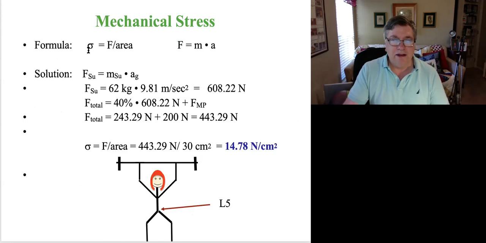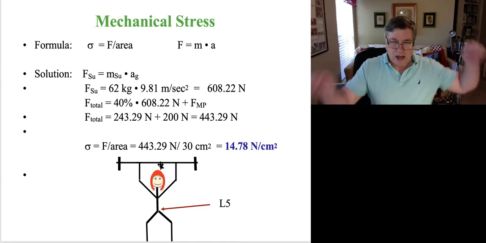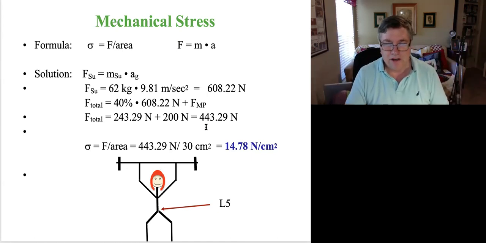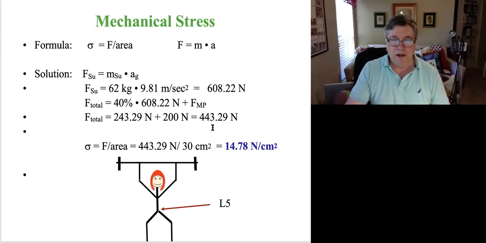Here's Sarah again. So the stress is equal to force divided by cross-sectional area, where force is equal to mass times acceleration due to gravity. So we've got 62 kilograms times 9.81 meters per second squared, and we crunch those numbers out. That's 608.22 newtons. We've got 40% of her body weight times 608.22 newtons, plus the 200 newton weight that she's actually lifting, and that gives us 443.29 newtons.